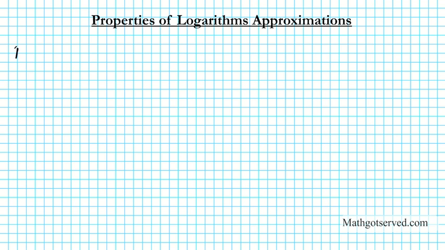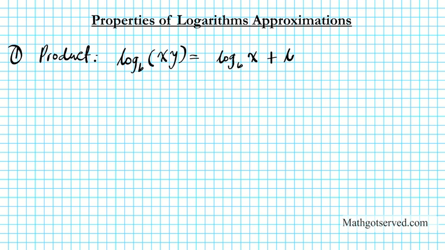All right, let's start out by writing down some of the properties. The first one we'll look at is the product property. If you have log base b of x times y, it can be rewritten as log base b of x plus log base b of y. So if you have the product of 2 numbers, you can translate it into the sum of their independent logarithms.